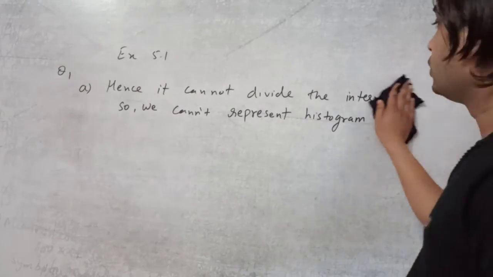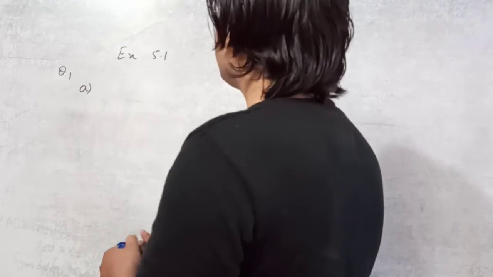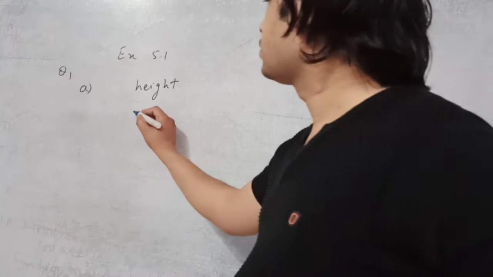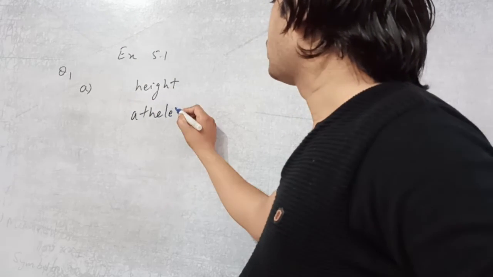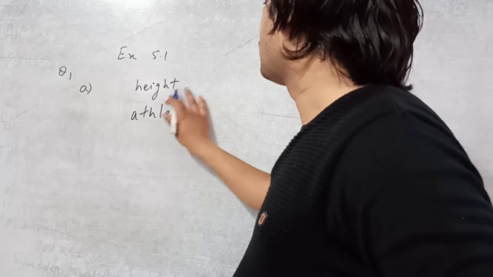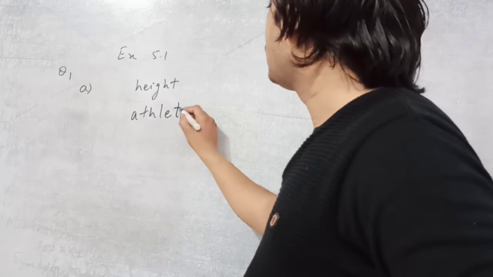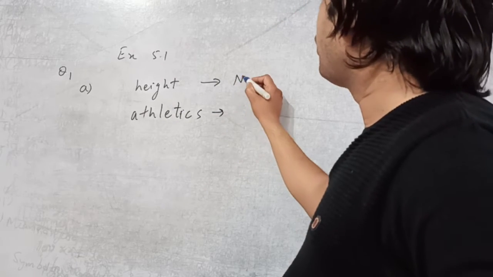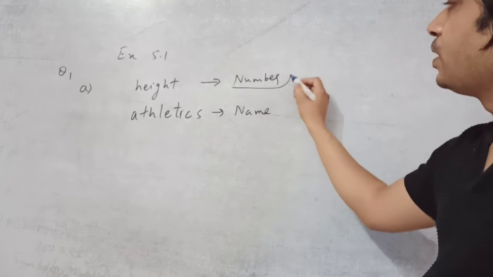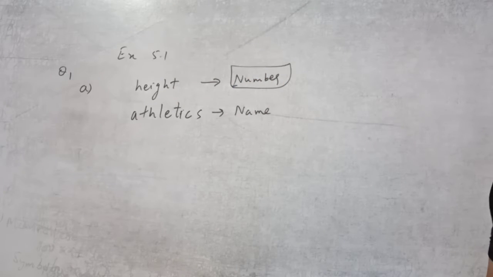So height is given, and they have given athletes. Height is in the form of a number, and the athletes will come as names. So with the number, we can draw the class interval.